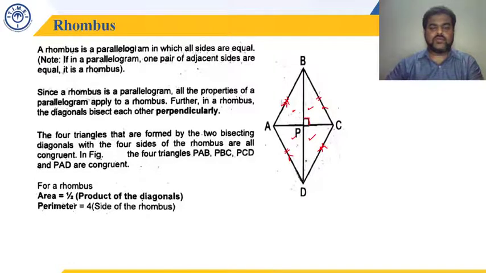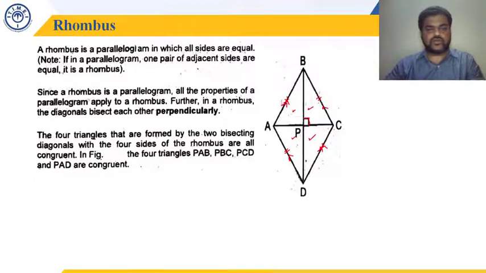Further, there is one more thing that you should notice here, that in the case of a rhombus, the diagonals bisect the opposite angles. In the sense, this angle will be equal to this angle, this angle will be equal to this angle. Similarly, this angle will be equal to this angle, and this angle will be equal to this angle. So diagonals bisect the opposite angles.